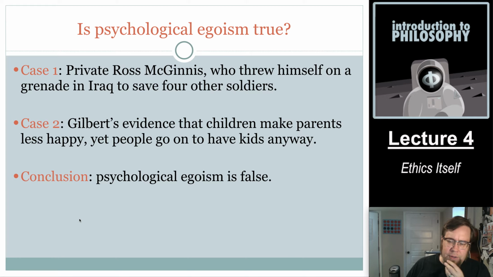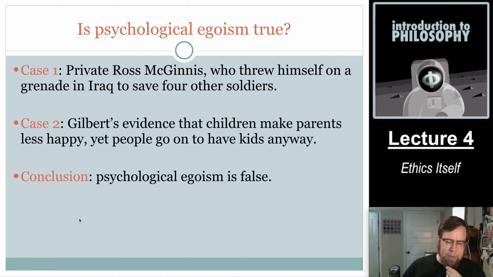There's also psychological evidence that people that have children are overall less happy than people that don't have kids. But nonetheless, people, myself included, go ahead and have children. So that would seem to argue against psychological egoism too. Lots of people do things contrary to what's in their self-interest.